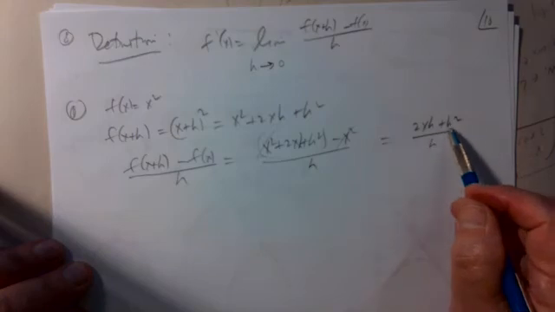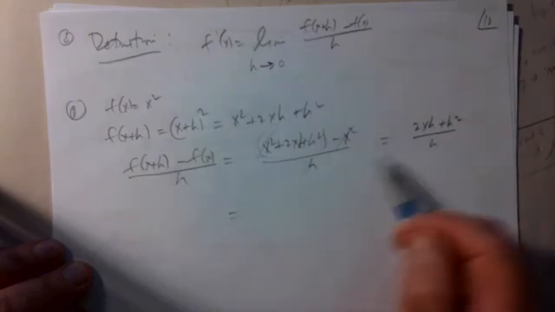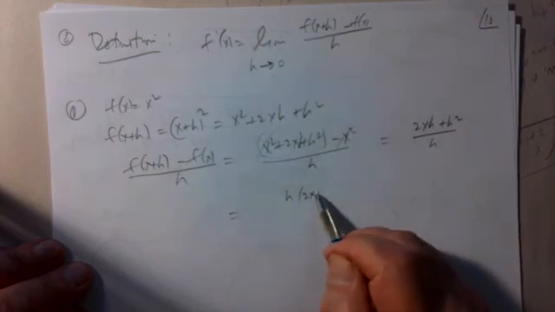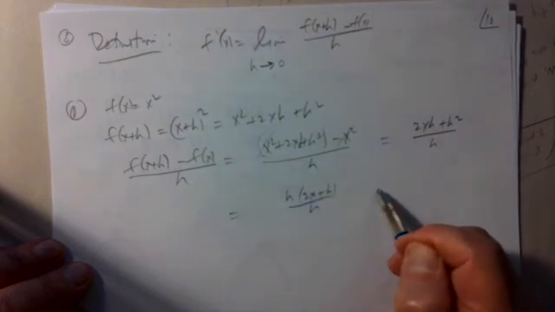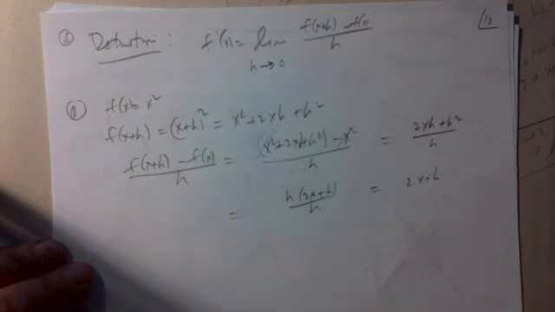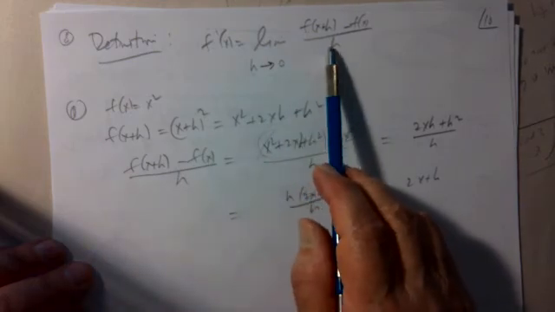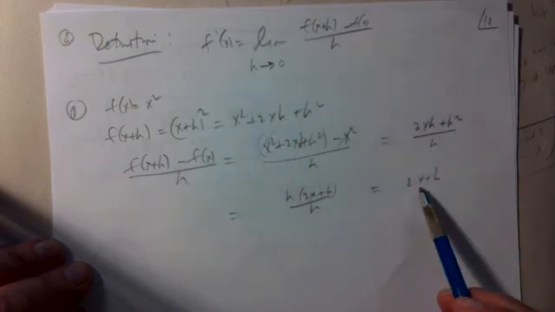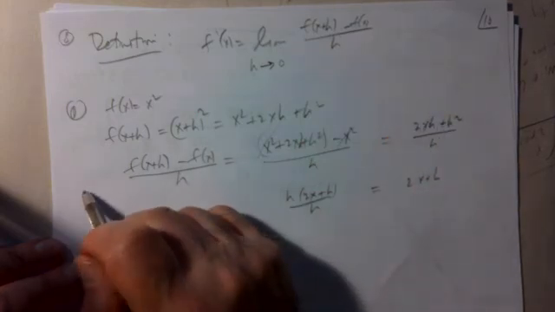And when you divide by h, see what you have here is, I can factor an h out, h times (2x plus h) over h, which is just 2x plus h. So just doing the algebra to calculate this, what is called the difference quotient, this whole thing simplifies to just 2x plus h.